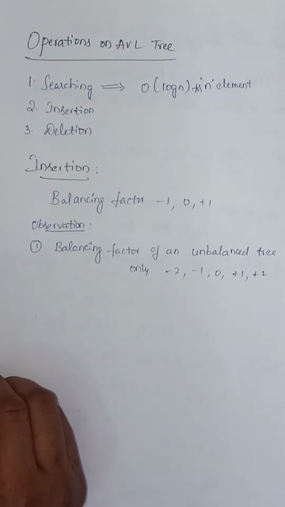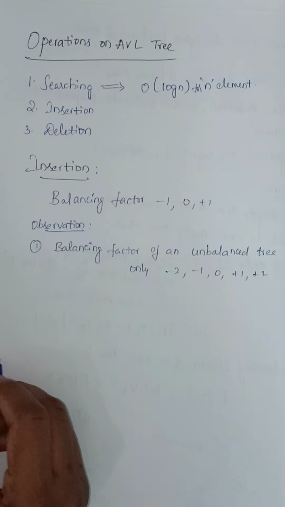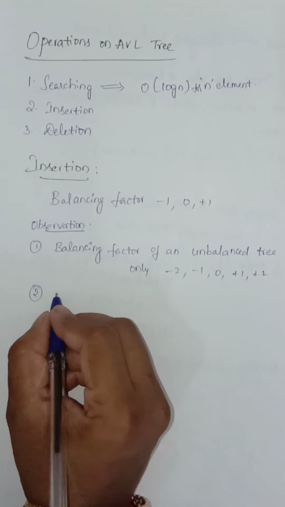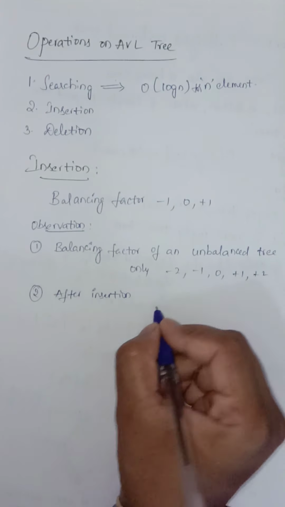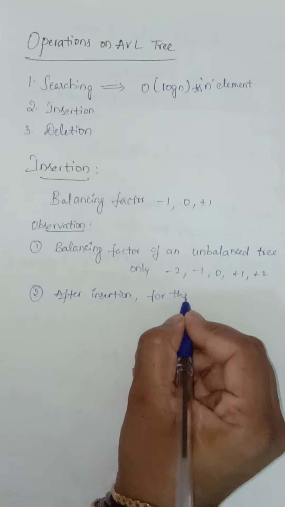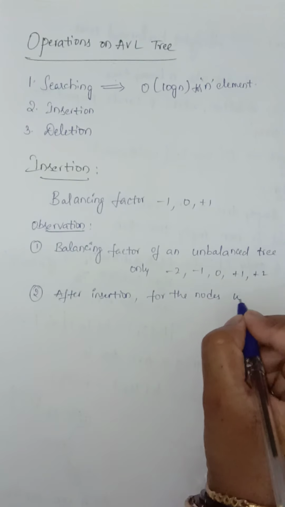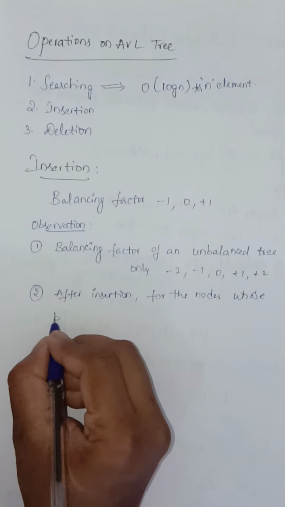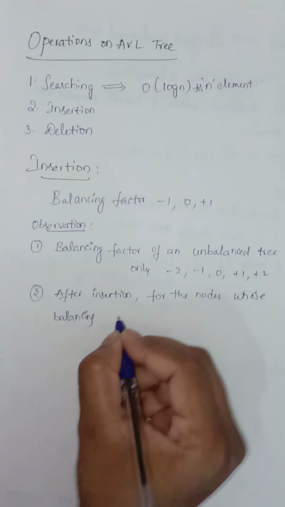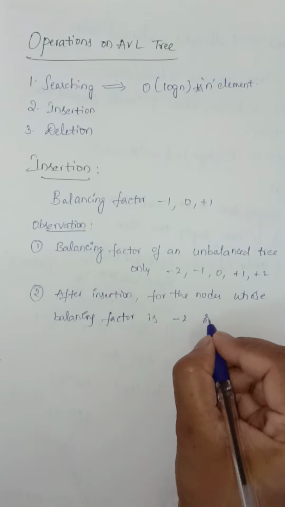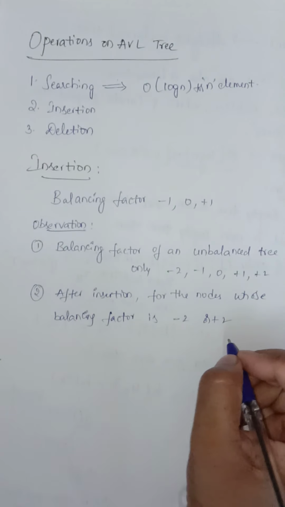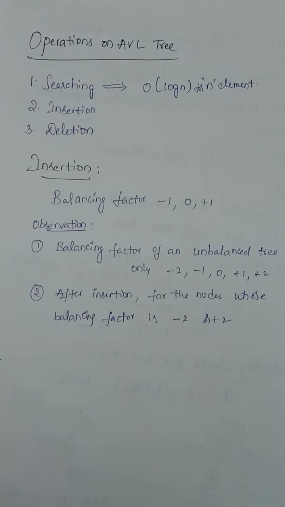After insertion of an element into the AVL tree, for the nodes whose balancing factor is either -2 or +2, we will go with the corresponding rotations, and will balance the -2 and +2 to +1 and -1.